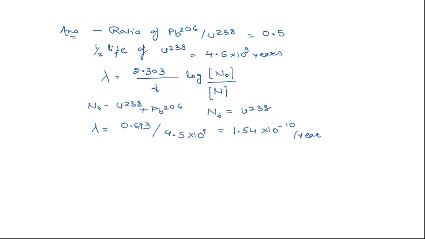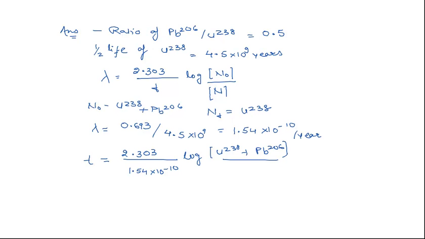Now what will be our time? That is the age of that particular rock. That will be 2.303 divided by lambda, that is 1.54 × 10^-10, into log of initial concentration, that is U-238 plus Pb-206, and the final concentration would be U-238.